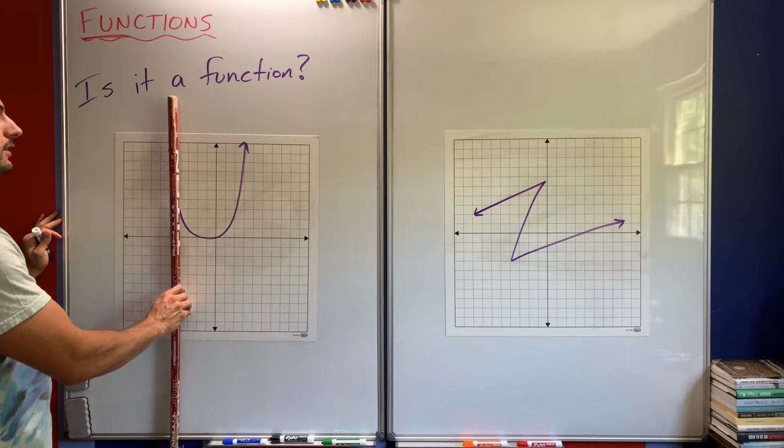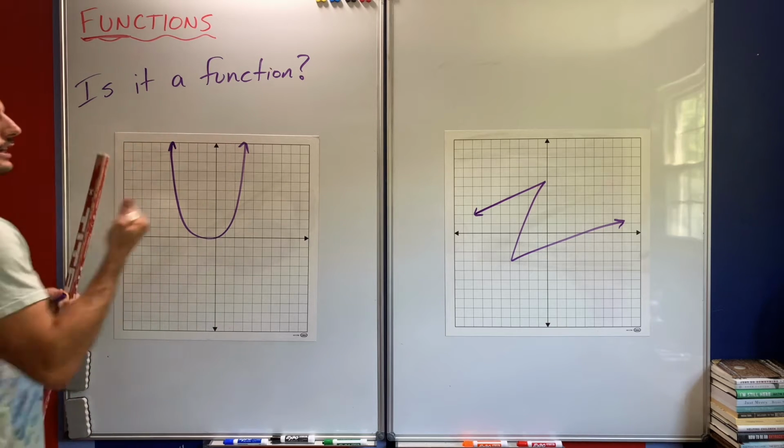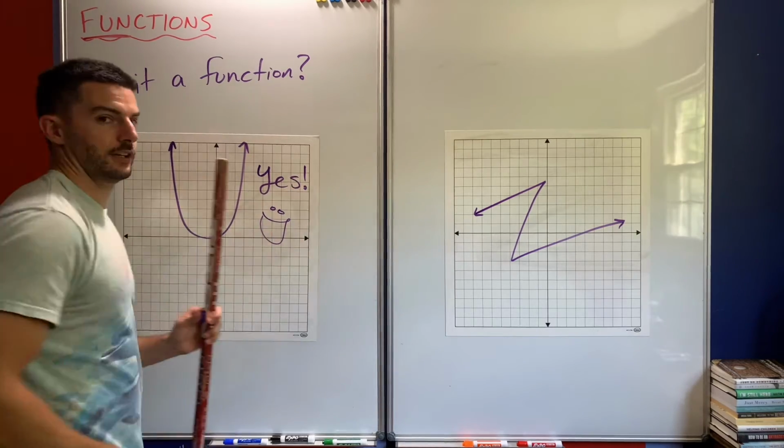We'd scan all the way across, and so this would pass the vertical line test. It would be a yes, which is very good, very happy.